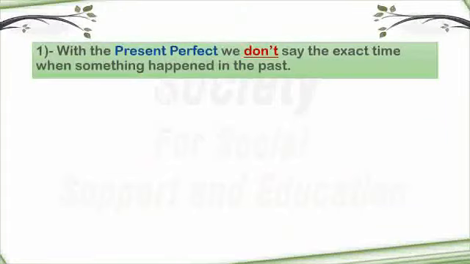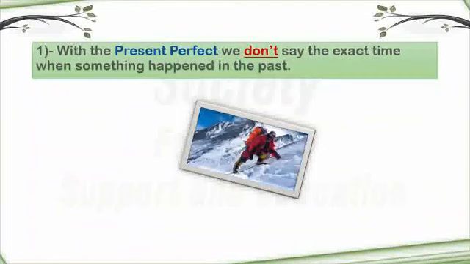So with the present perfect, we don't say the exact time when something happened in the past. What does that mean? Look at this man. This man has climbed Mount Everest, okay, 3 times or many times. So we are not mentioning the time here.